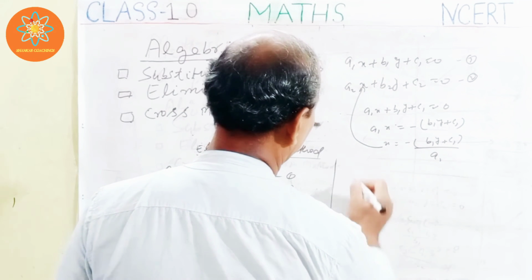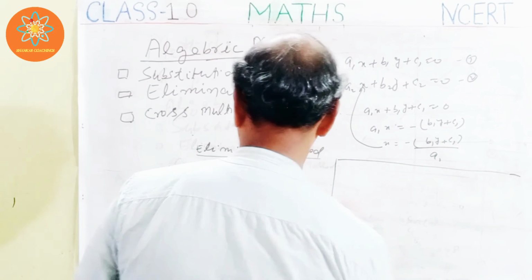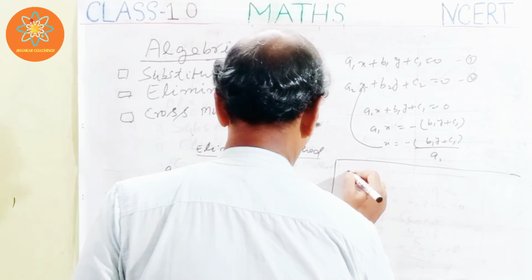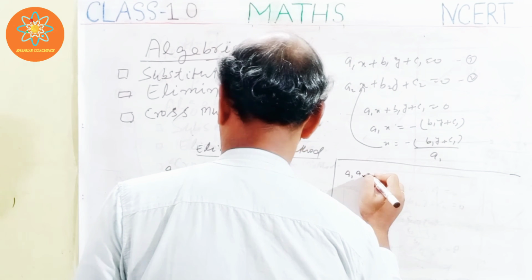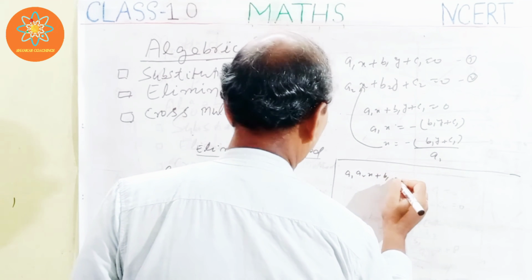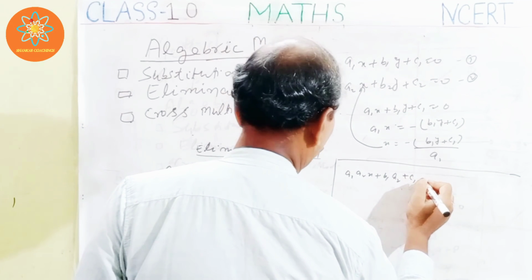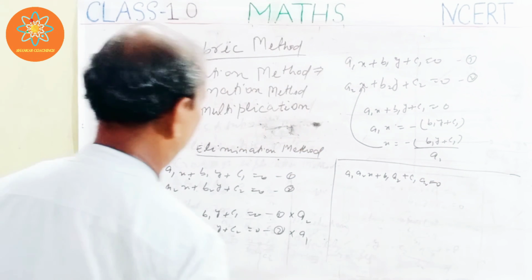After multiplying, I will get a1 a2x plus b1 a2y plus c1 a2 is equal to 0.